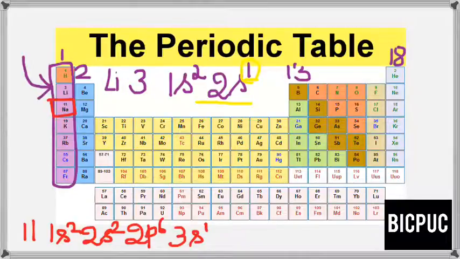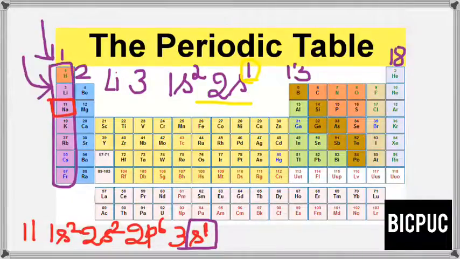Even in the case of sodium, the electronic configuration ends with s1. The valence shell contains only one electron. It is a clear indication that all the elements in group 1 have one electron in the s orbital, which constitutes their valence shell.